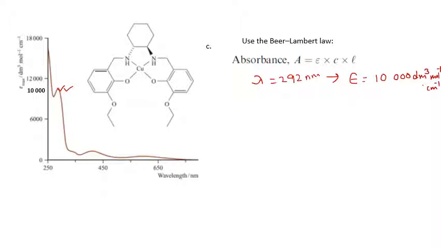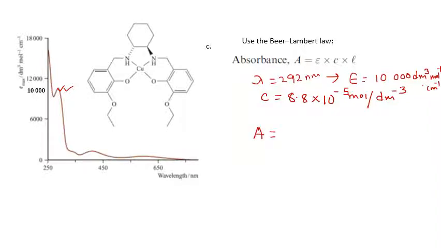Centimeter inverse. Concentration is already given, 8.8 into 10 to the power minus 5 mole per decimeter cube. Now from Lambert law, absorption will come out.